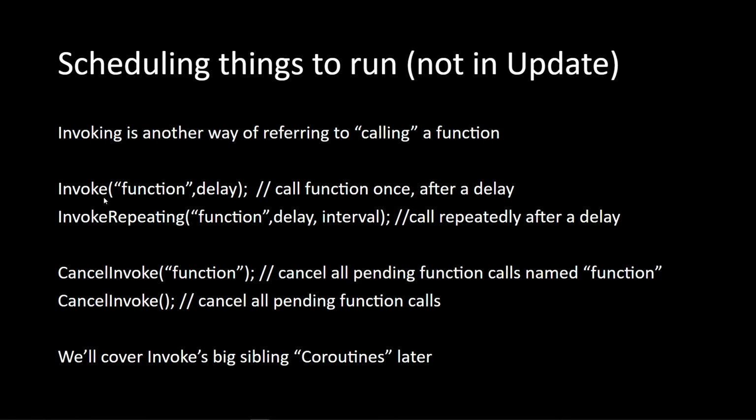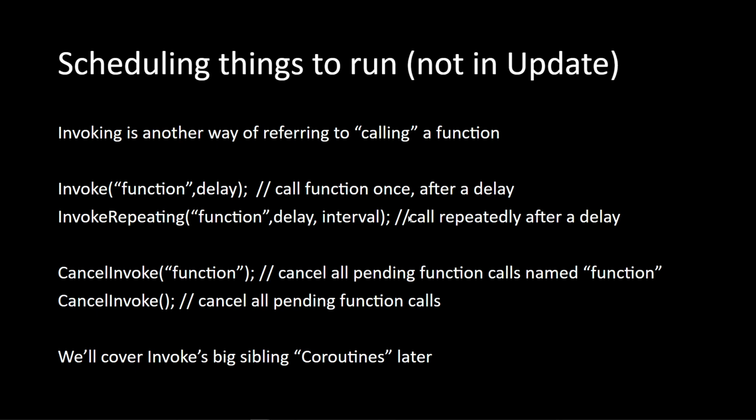So the normal version, the base version of Invoke, you say Invoke, give it a function name, and you give it an optional delay, which basically means call this function once after some delay. Right? That's the base form of Invoke. And then we have InvokeRepeating, which does basically the same thing: invoke a function after a certain delay, but then keep calling it repeatedly at that interval.